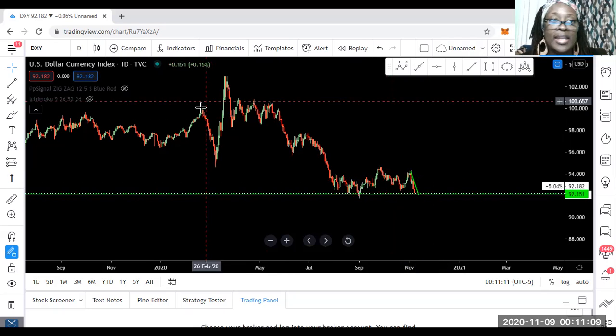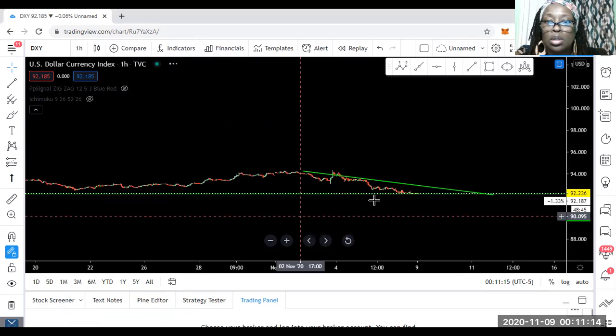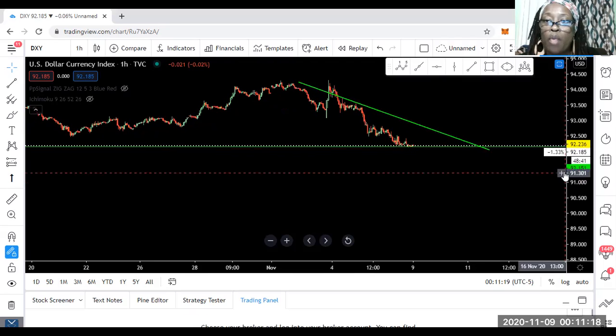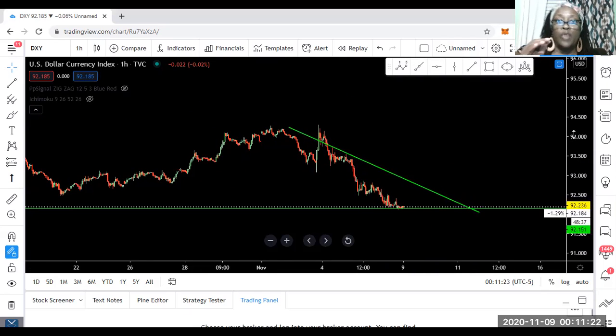So with that, let's go ahead and drop down to the hour. So far, what I'm looking at on the DXY is a reversal. I'm looking for the dollar to reverse that downward trend and start going up in a bullish move.